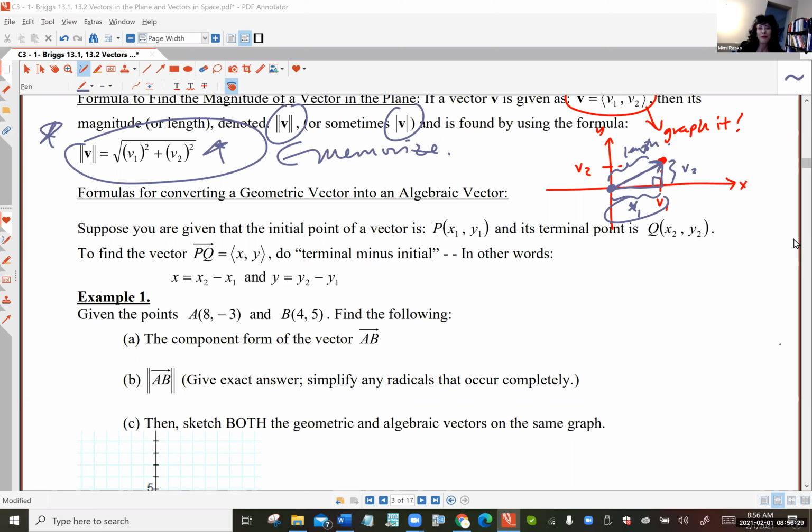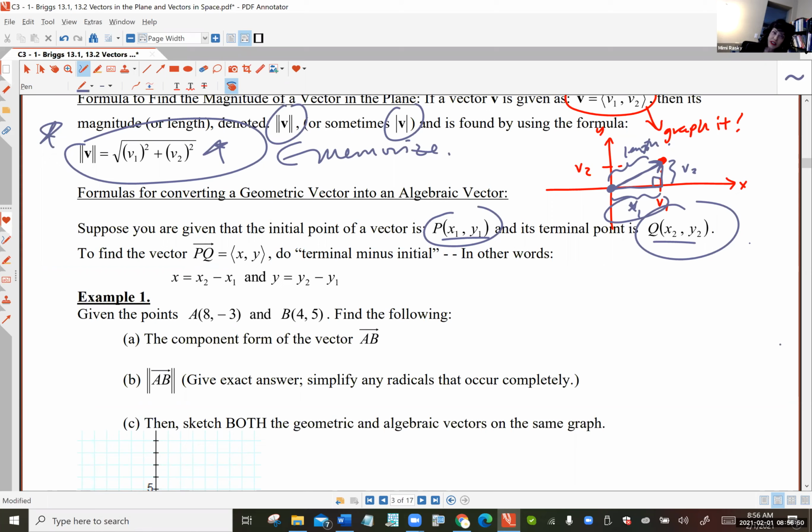So here's another basic fact about vectors. If somebody gives you the initial point's coordinates, and it's not the origin, and somebody gives you the terminal point coordinates, how would you get your vector? So let's say somebody gave you the P and the Q points, how would you get the vector PQ?